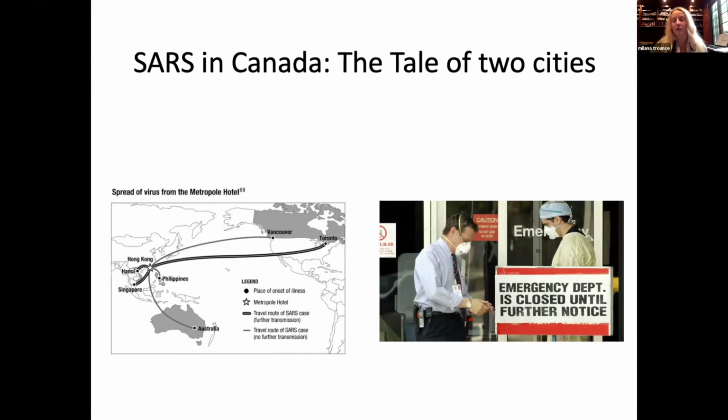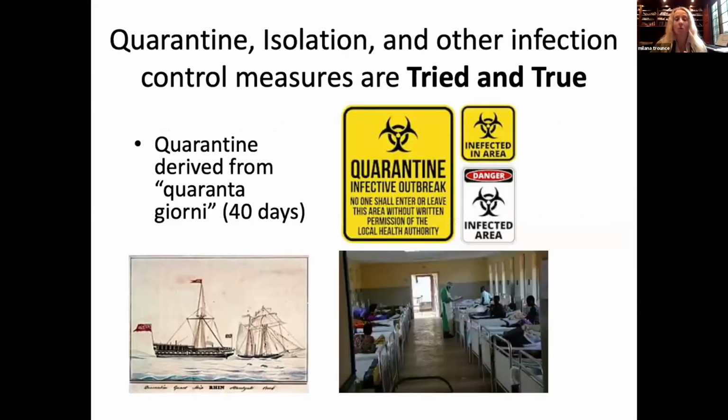This slide is referring to the fact that with SARS, the containment strategy worked, but with a lot of other outbreaks in the past, the containment strategy did not work. So we go back to the tried and true methods. And this is how they controlled the Spanish flu pandemic 100 years ago. They didn't have drugs, they didn't have vaccines, but boy, they really went for the isolation.